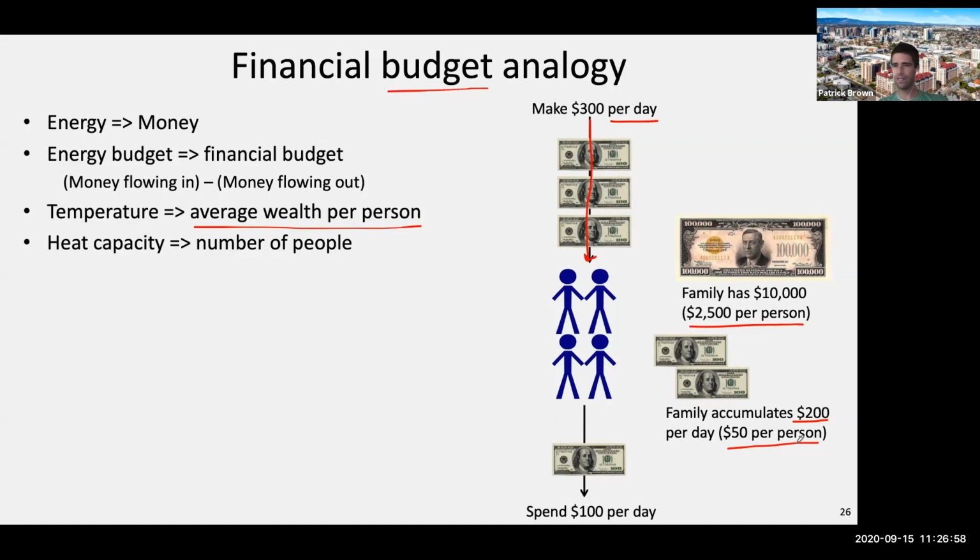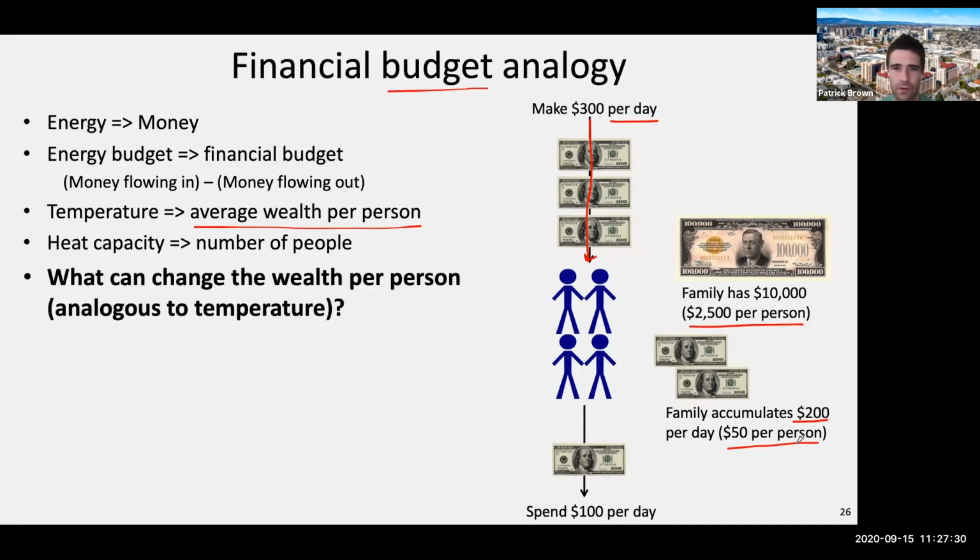And so you're not going to increase the wealth per person nearly as much. The exact same concept applies to the pot of water versus the pool: if you have some imbalance in energy where you're accumulating energy time step after time step, and you have more molecules that you're dividing that energy out amongst, then your increase in temperature is less.